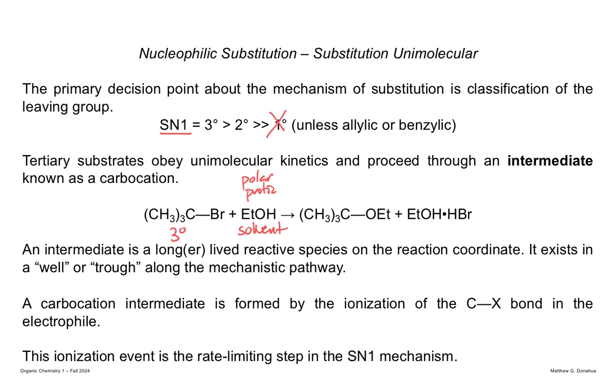And remember, those are the ionic form with a metal plus and an anion minus. And so the substitution happens where the bromine is now substituted for the O-ethyl. And again, that is coming from the solvent, which is also the nucleophile.